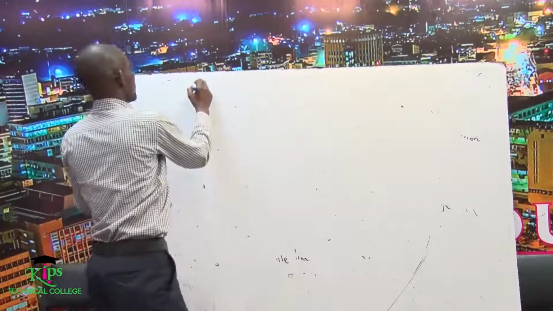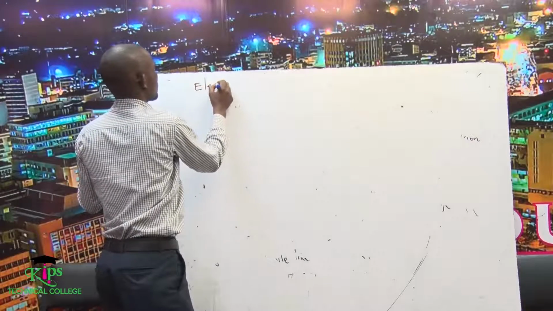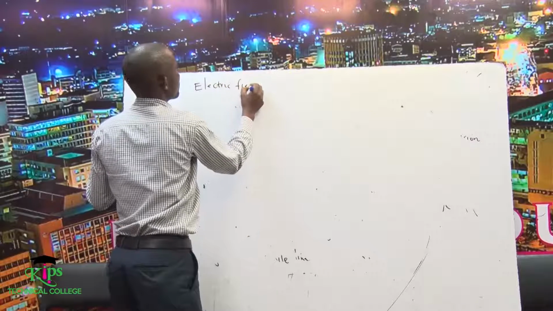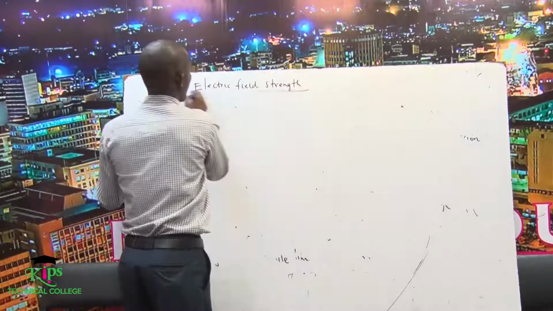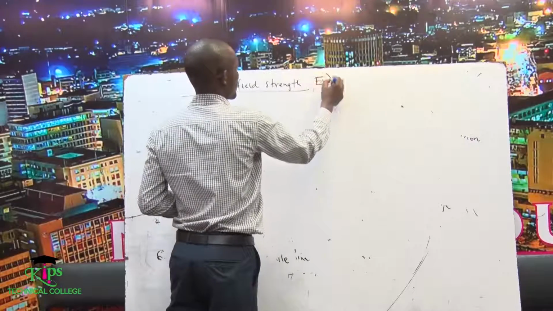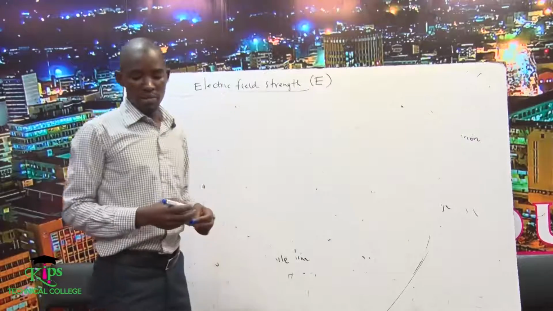Electric field strength is denoted by the letter E.